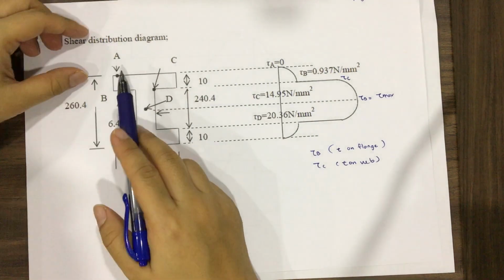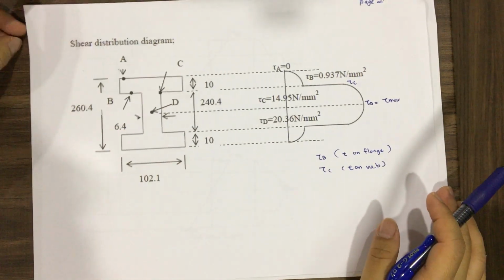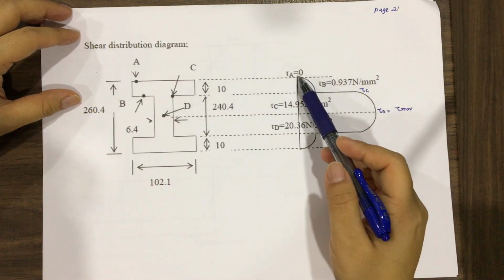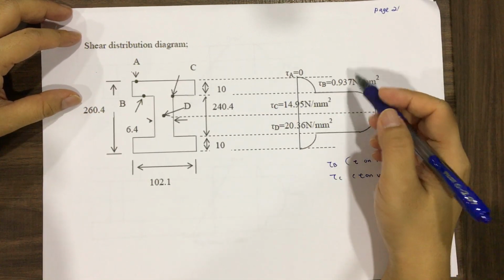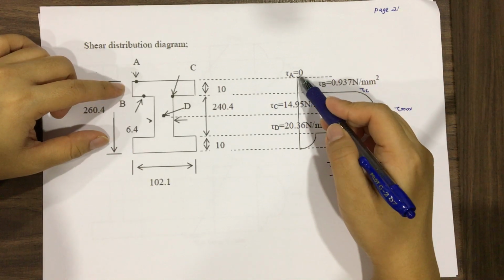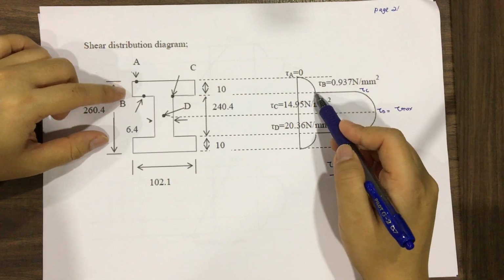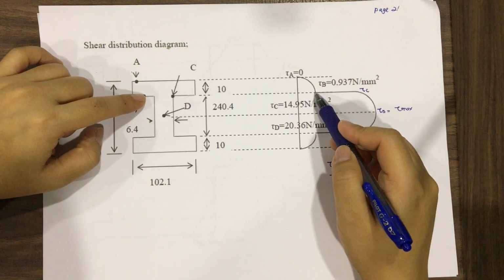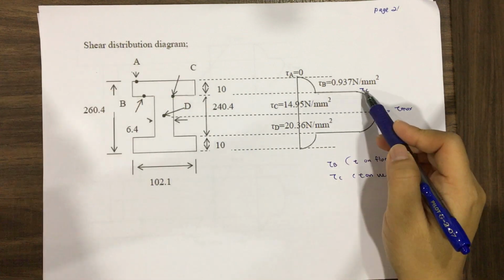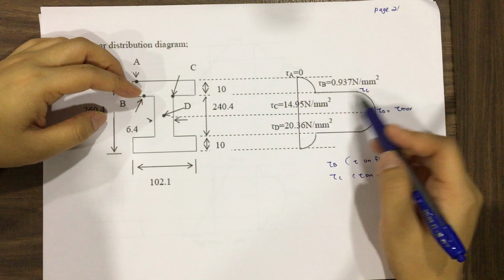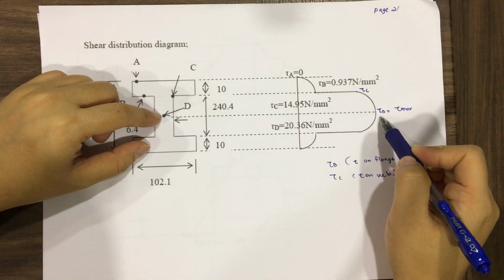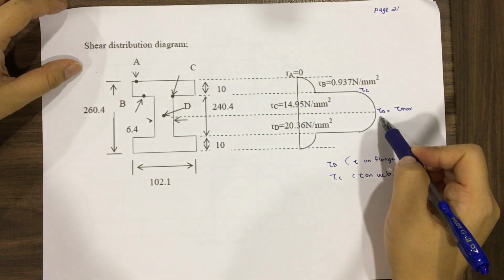After you obtain all the points A, B, C, D, you can draw the shear distribution diagram. You input the value of tau, starting at 0, and then through this point it becomes 0.937, and then it increases to tau C at the web, where the thickness is 14.95, and at the center it will be the highest value, which is 20.36.